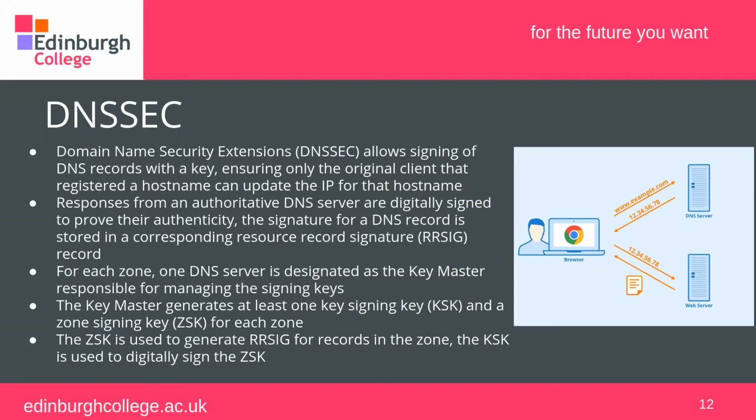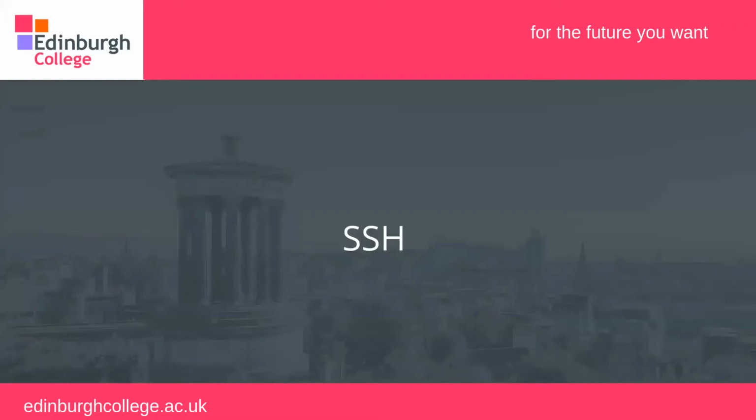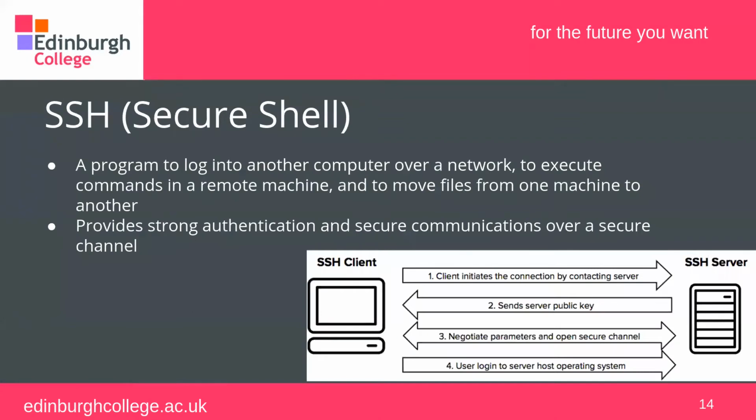So the next networking feature is SSH. SSH, when we're using Cisco operating system or when we're using Linux, is quite simple to set up. But on Windows, it's a little bit more complicated. So what is SSH? Secure Shell.